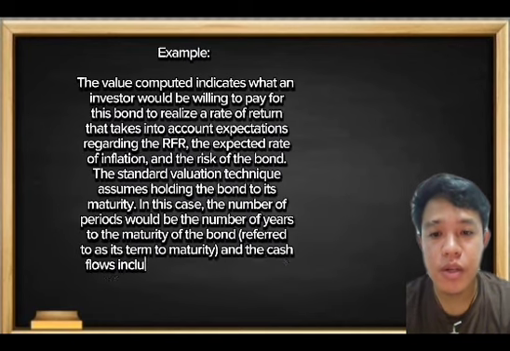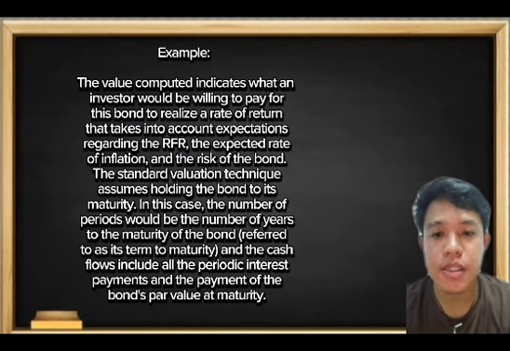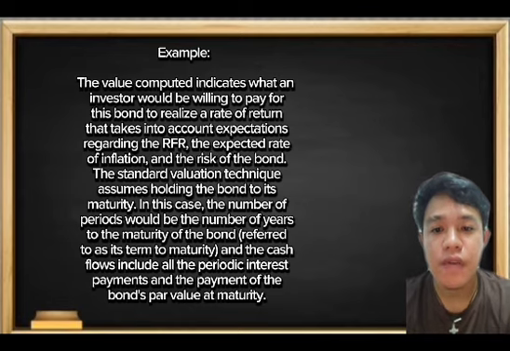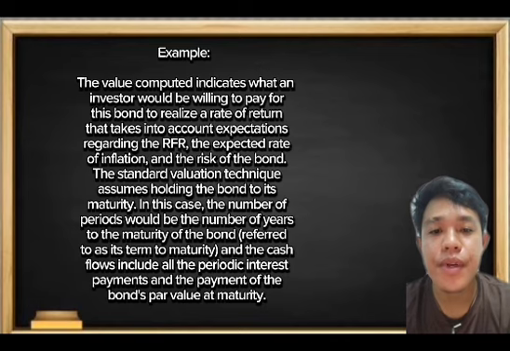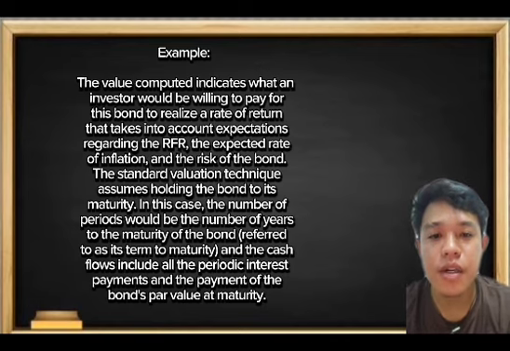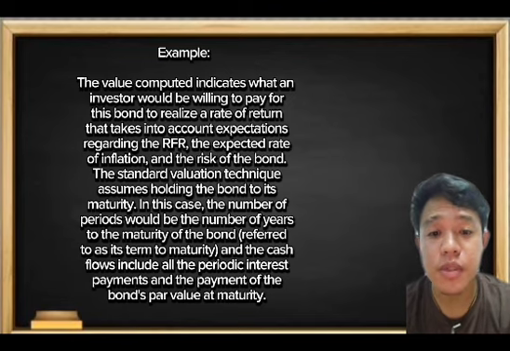Example. The value computed indicates what investors would be willing to pay for these bonds to realize a rate of return that takes into account expectations regarding the RFR, the expected rate of inflation, and the risk of the bond.